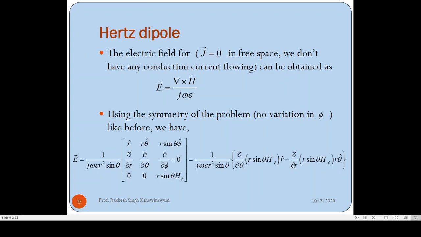As usual, like before, here we also know that due to the symmetry there will not be any field variation along the phi direction, so this d by d phi will become 0, and magnetic field has only phi component, so only the last term will be non-zero. So we multiply by scale factor 1 by r sin theta, so r sin theta is the phi component of the magnetic field. Then you can find out electric field.